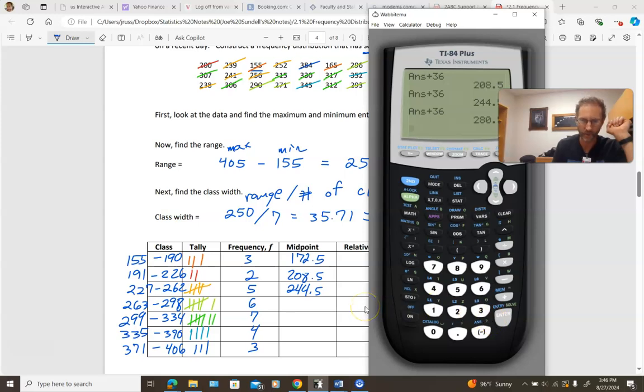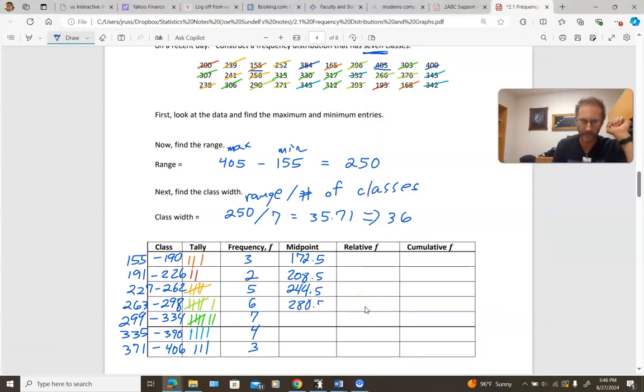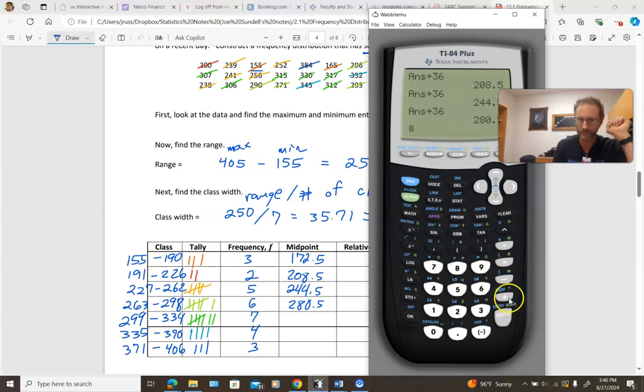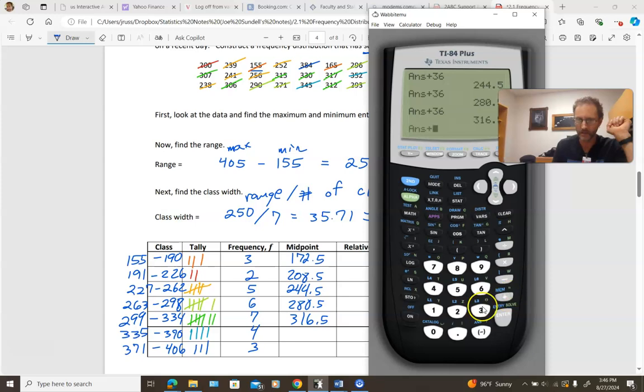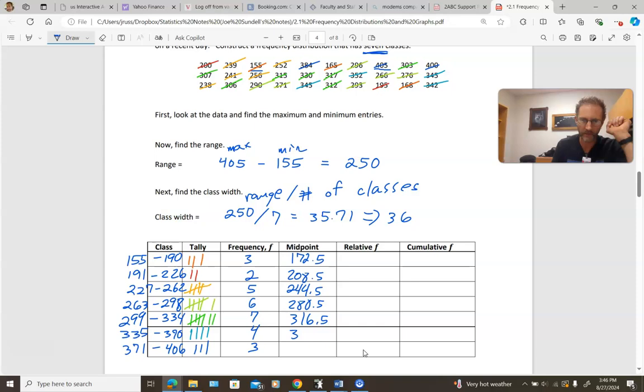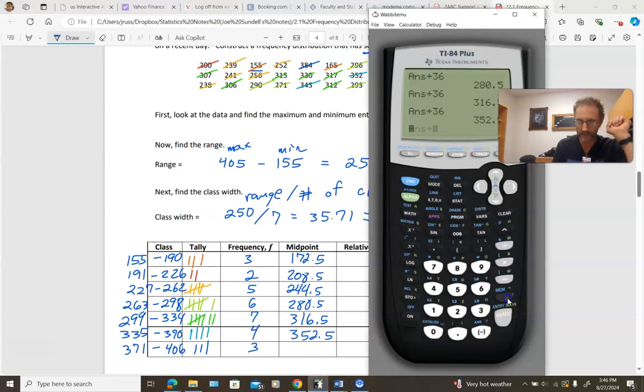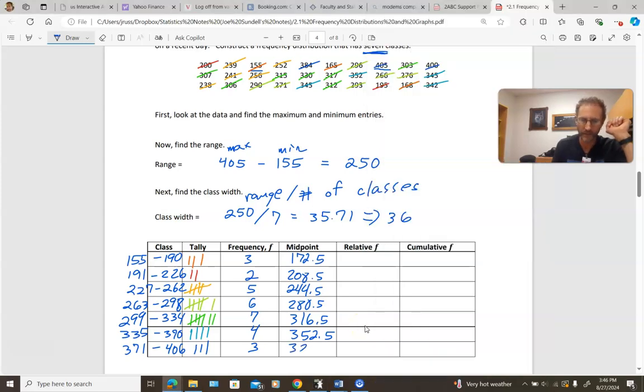And we've got 280.5. 316.5. 352.5. And last one, 388.5. Okay. All right, so we've got the midpoints.